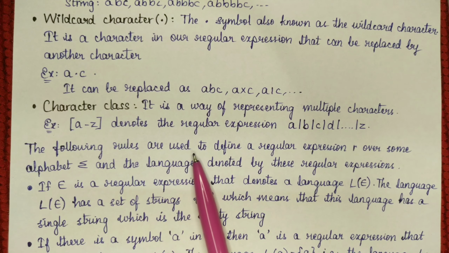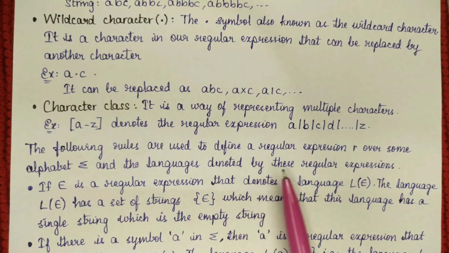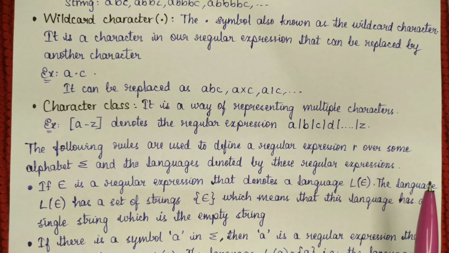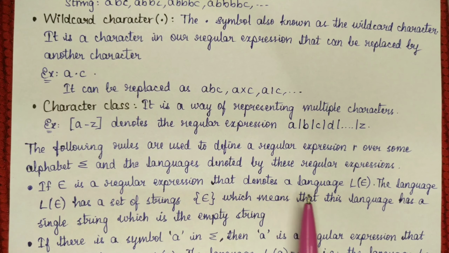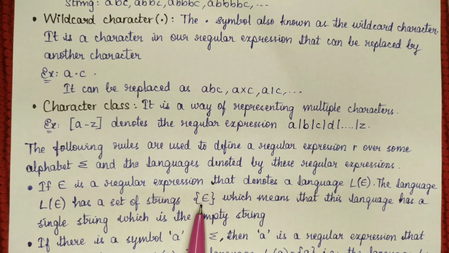The following rules are used to define a regular expression over some alphabet, and the languages denoted by these regular expressions are: phi is a regular expression for the empty set, and epsilon is the regular expression for the null string. That means if epsilon is a regular expression that denotes a language L(epsilon), then the language L(epsilon) has a set of strings {epsilon}, which means that this language has a single string which is the empty string.